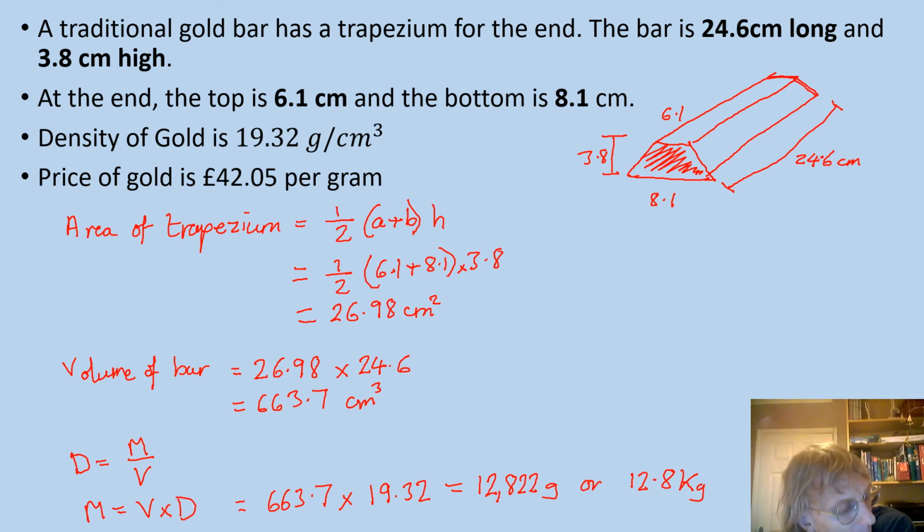Now the price of gold is £42.05, and that's per gram.